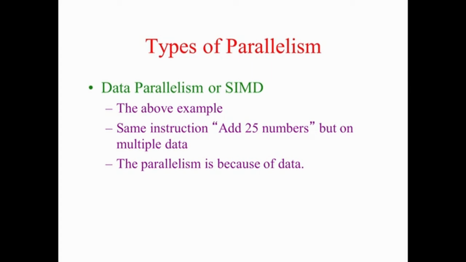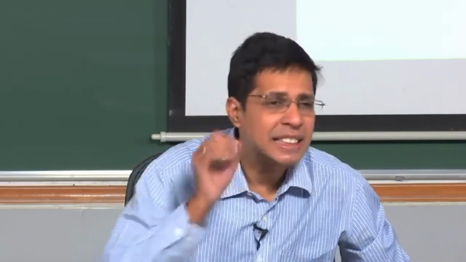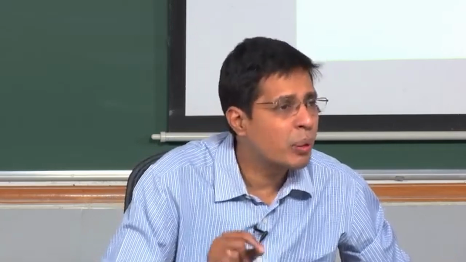So I had 4 different sets of 25 numbers, multiple sets of data, please understand, and to each of these 4 processors I said add those 25 numbers. I gave one single instruction, and that is why this parallelism is called single instruction multiple data parallelism, and that SIMD is possible only if I have multiple data.